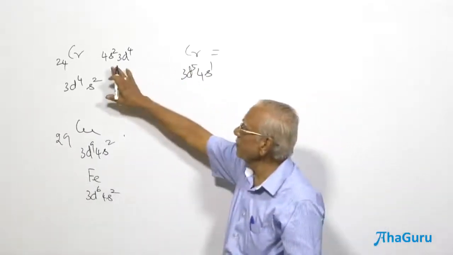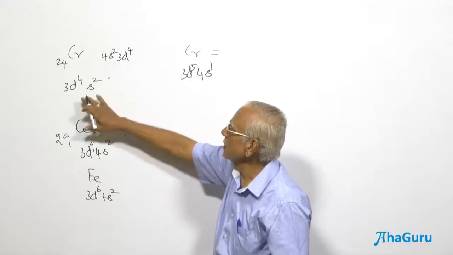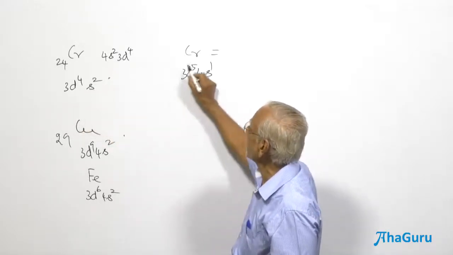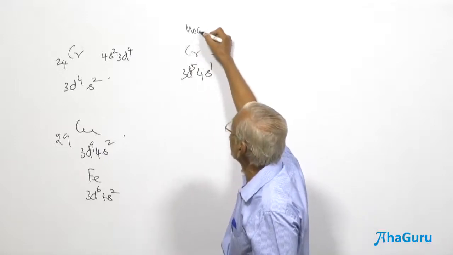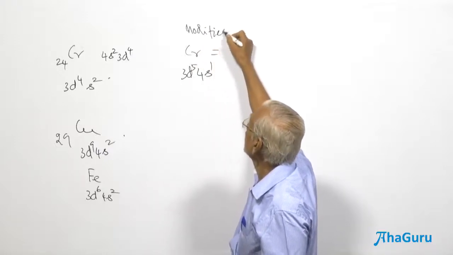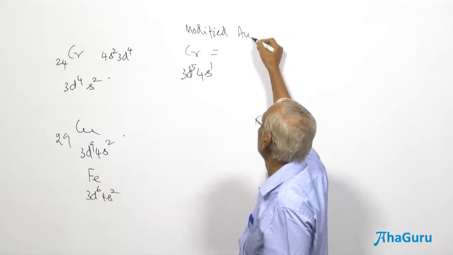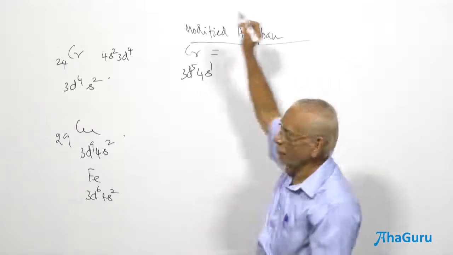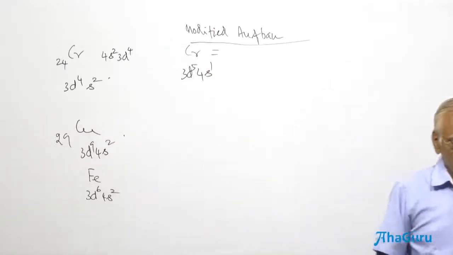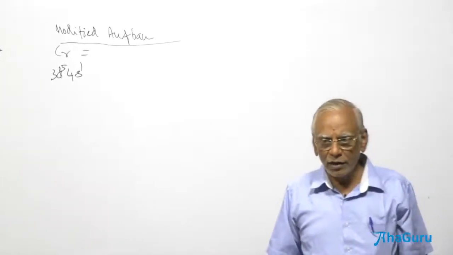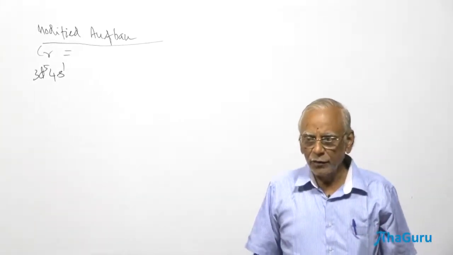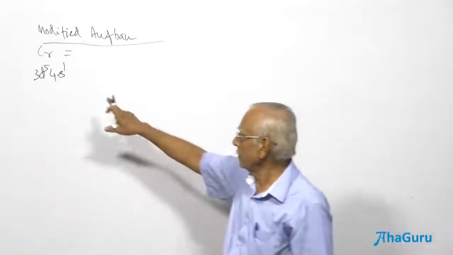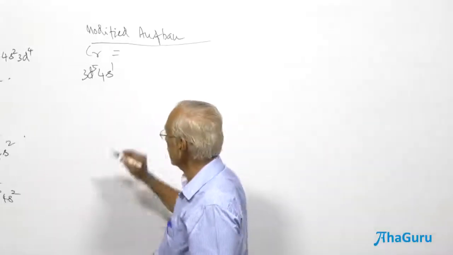As per the Aufbau principle, we have written 3d4 4s2, but we are going to use the modified Aufbau principle. Why do you want to do that? Because the electrons have to be removed or added only from the last shell, the last main energy levels. Therefore, I have written this.